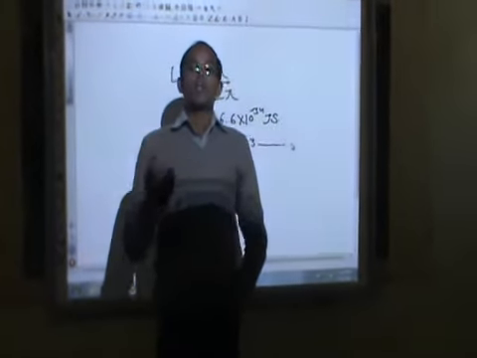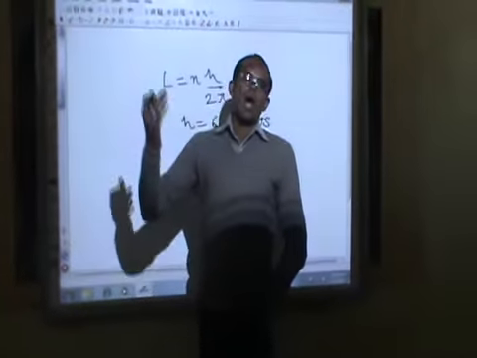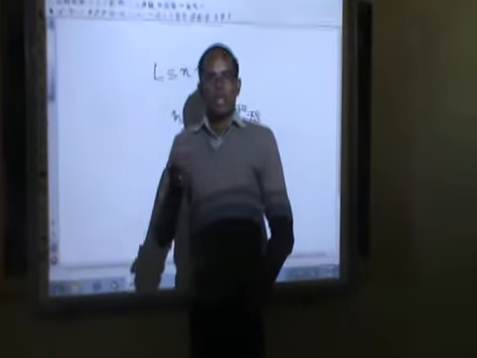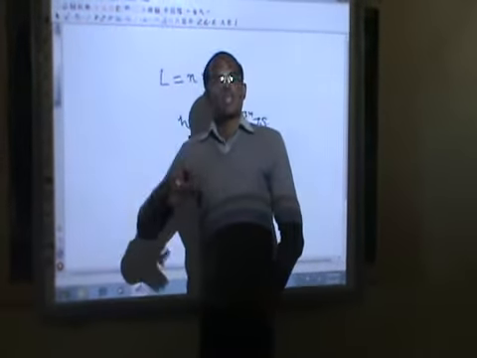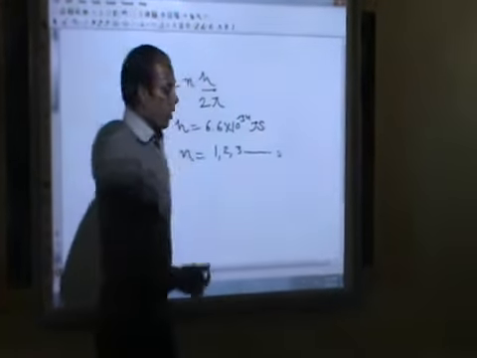On the other hand, if the electron makes a transition from a lower energy state to a higher energy state, it absorbs the energy corresponding to the energy difference of both of the states in the form of a photon.